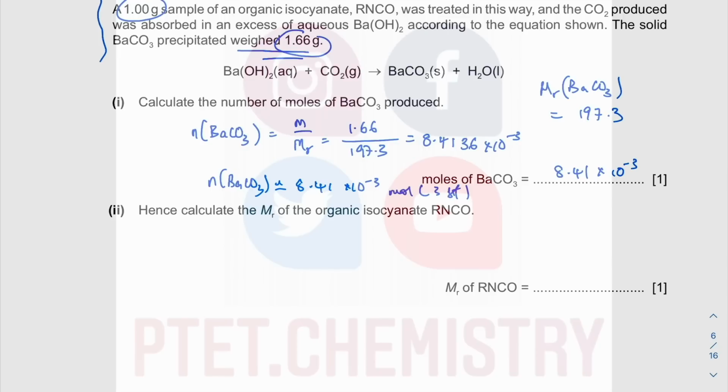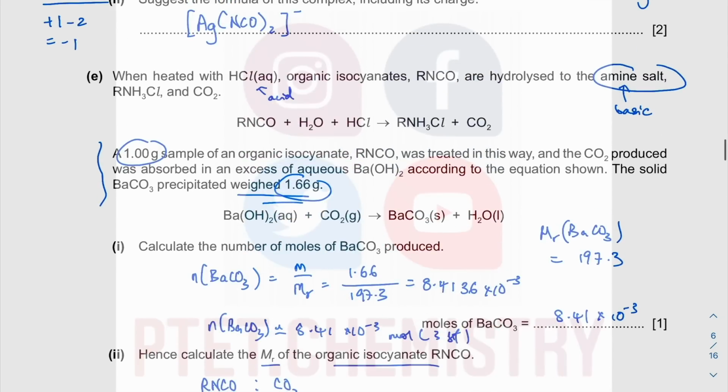Hence, calculate the MR of the original isocyanate. Why is this kind of question really difficult? What do we know? The RNCO gives you CO2, 1:1.